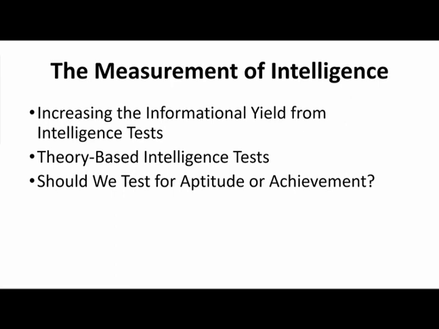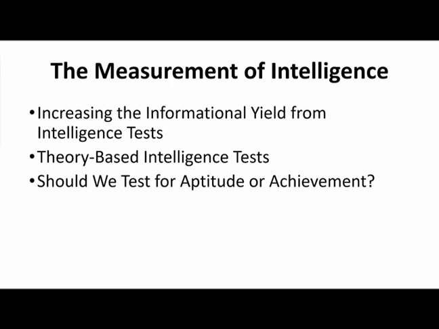The next category of tests that we're going to talk about are aptitude and achievement tests. And these actually raise an interesting question. Should we be testing someone's aptitude for learning? Basically, should we ask their capacity for learning, evaluating, say, how they solve novel problems or how they approach new situations that they've never seen before?